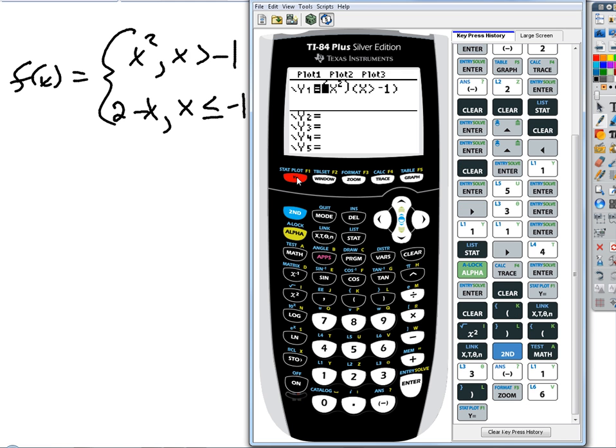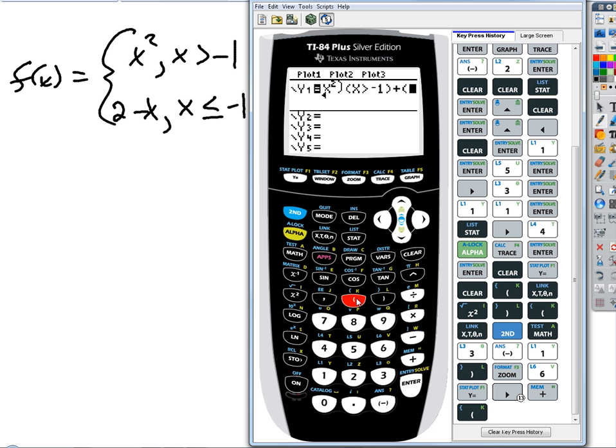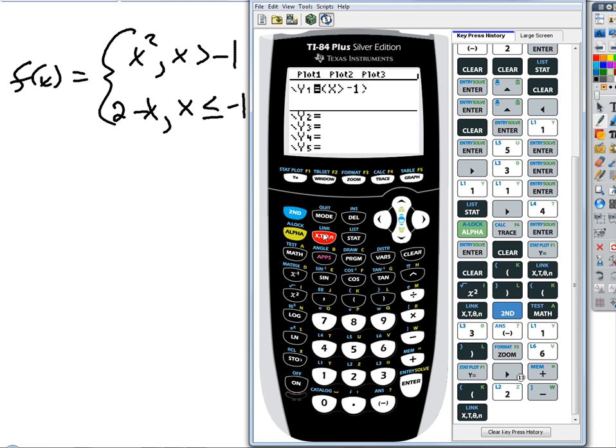All I have to do is go over to the end of this and add, so I'll hit plus, and do the same thing for the bottom function. So in parentheses, we'll put 2 minus x, and then next to that we'll put x is less than or equal to -1.